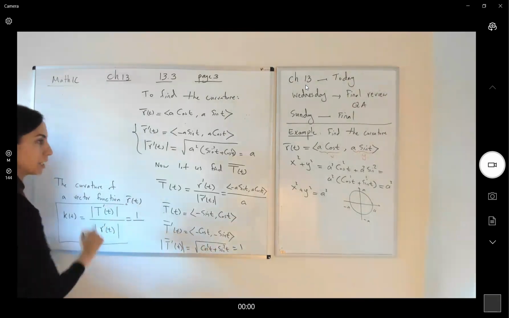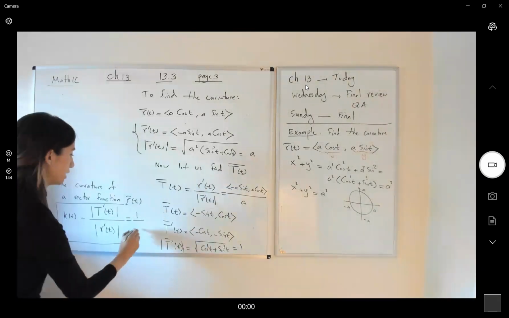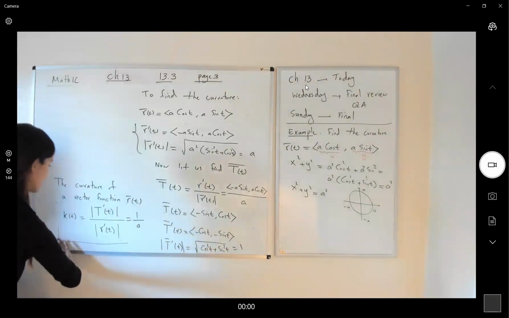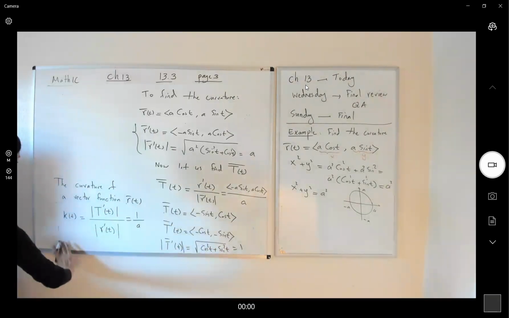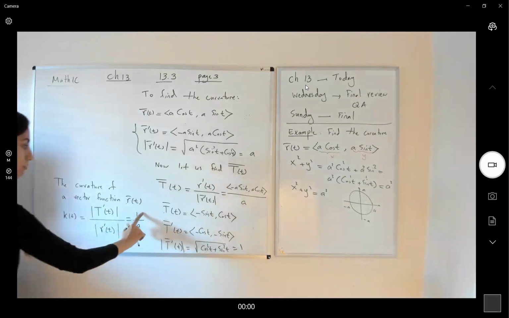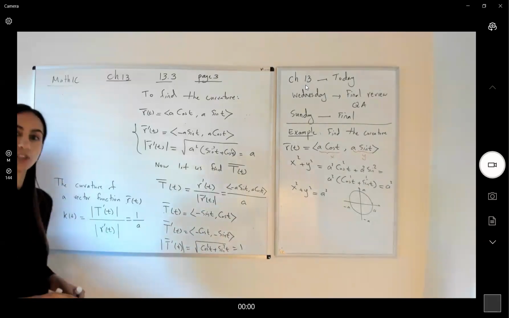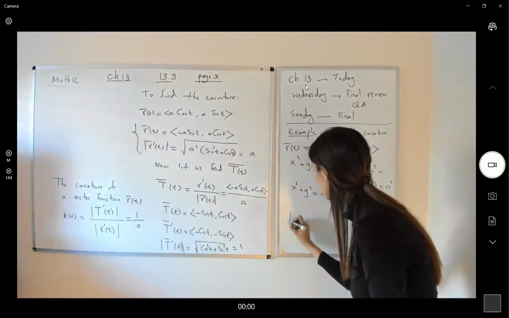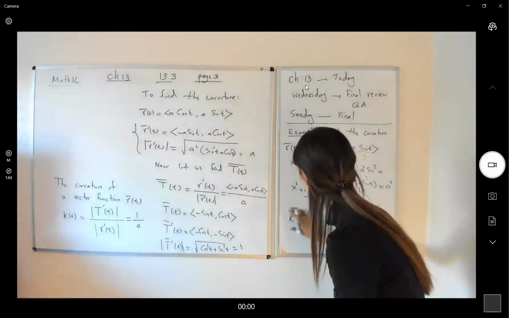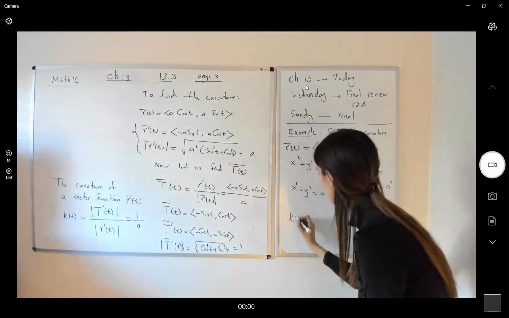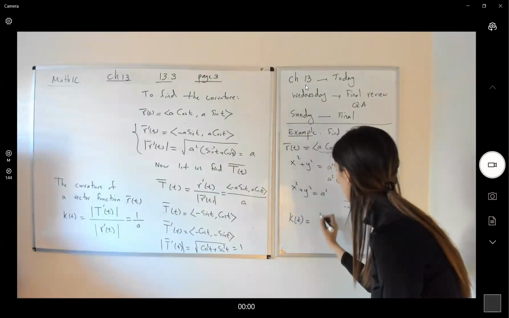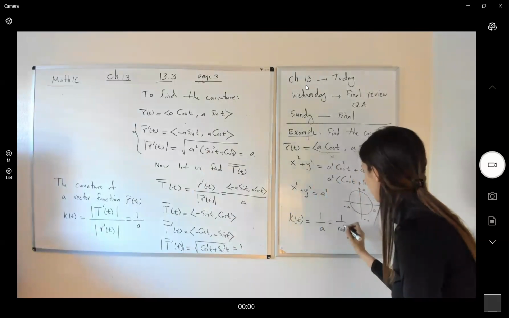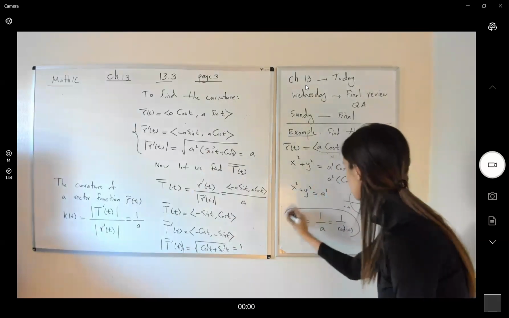On the denominator, you have a. The curvature of your circle is 1 over the radius. Curvature, not as a vector, just the curvature, equals 1 over a.